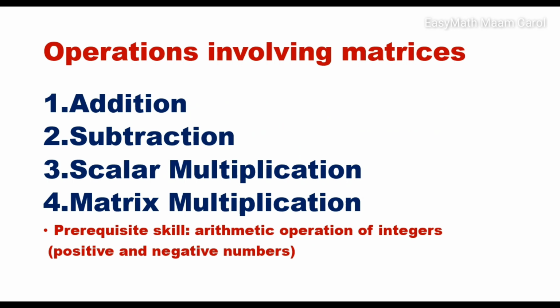Tapos, yung matrix multiplication naman, imumultiply natin yung isang matrix sa isa pang matrix. So, dito may prerequisite skill. Kailangan mag-review ng arithmetic operations of integers. So, from our basic math, alam natin that integers are composed of positive and negative numbers as well as zero. So, dapat mag-review niyan.